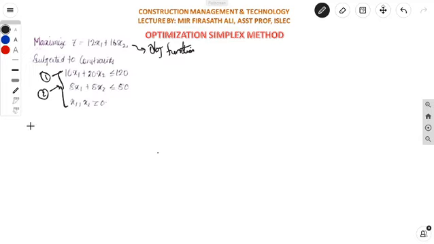When we go for the solution, let us see step 1. In step 1, we write the given things. What is our given objective function?